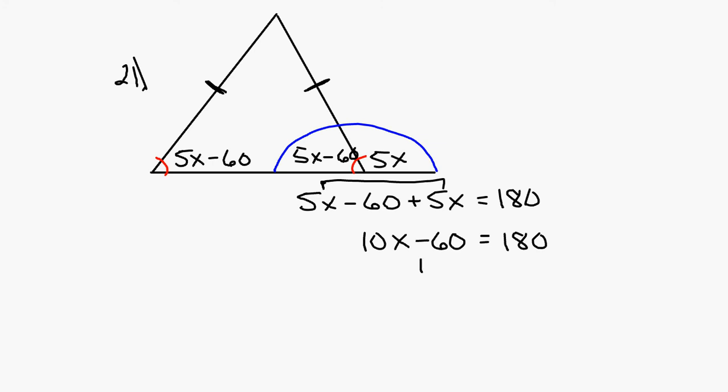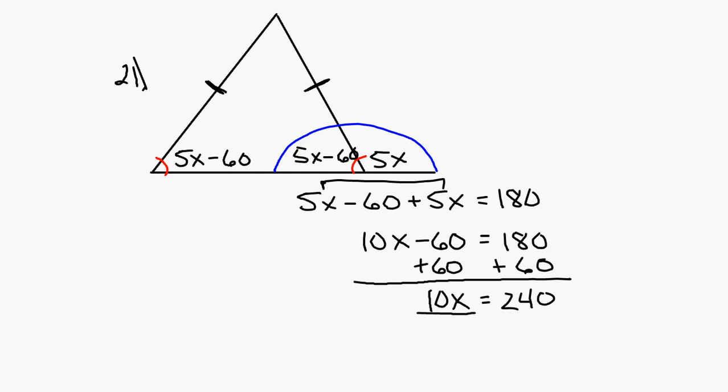If you add 60 to each side, then 10x equals 240. And if you divide both sides by 10, then x is equal to 24.